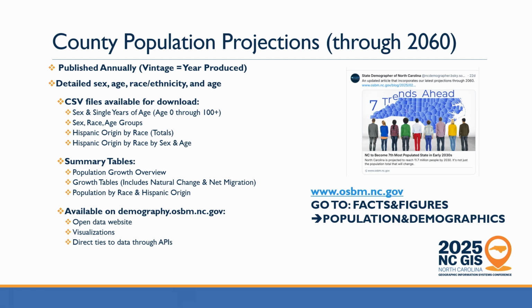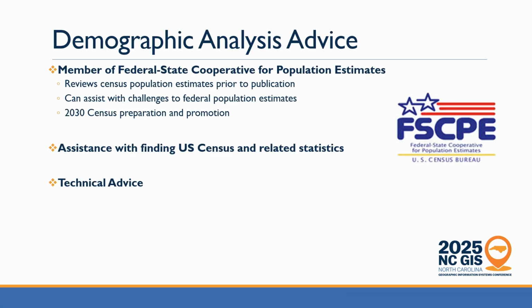If you're just interested in understanding demographic trends in North Carolina, I publish an occasional blog where I look at different demographic trends and talk about them for the different communities. I'm also part of a nationwide network of state demographers in other states, which means I assist the Census Bureau with their own annual estimates.